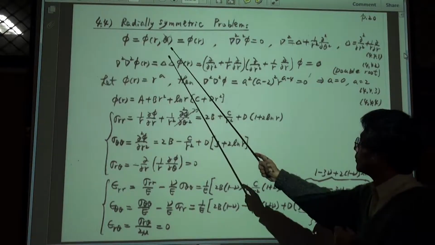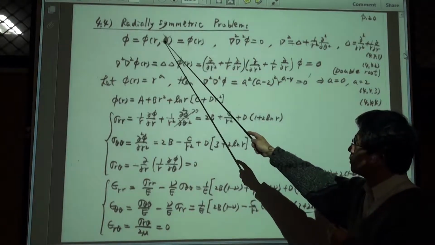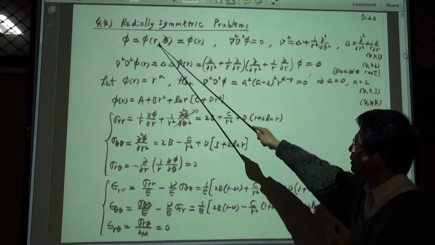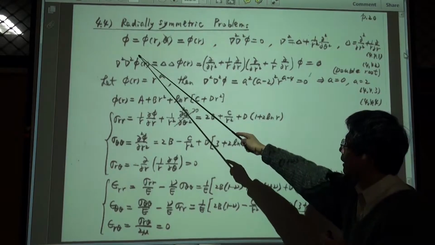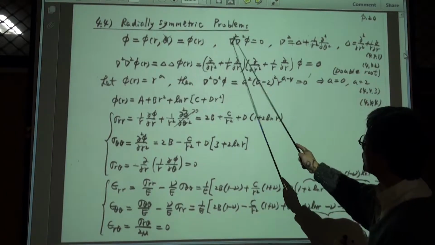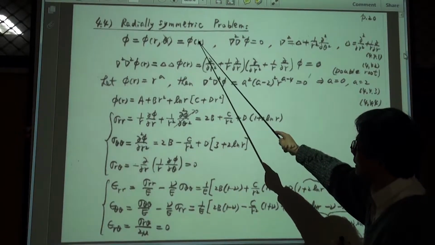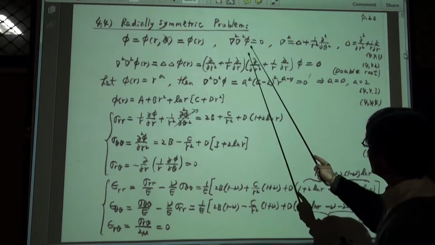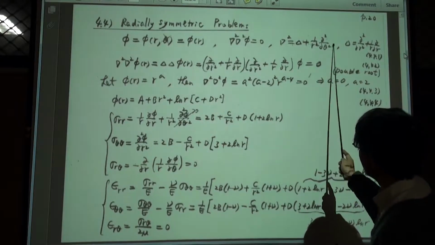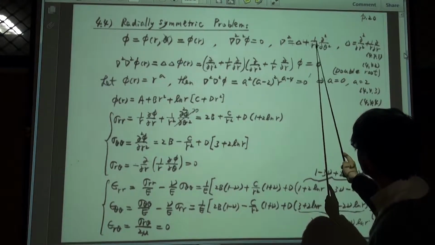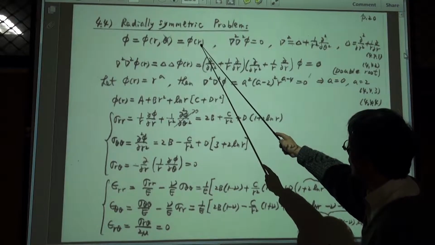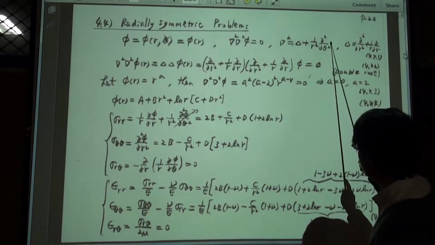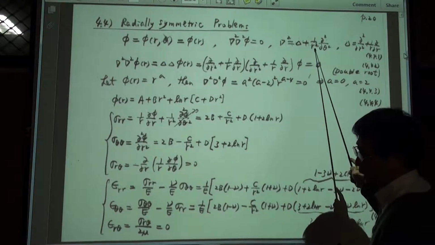The most important point is that the stress function here is not a function of theta, it is only a function of r. So we can assume that phi is phi(r). And then we put this simplified stress function into the biharmonic equation. The Laplacian here is written in this way, but because phi(r) is not dependent on theta, the differentiation with respect to theta is not useful.